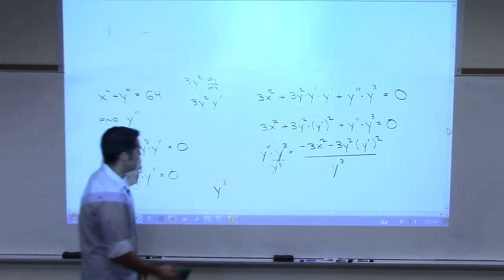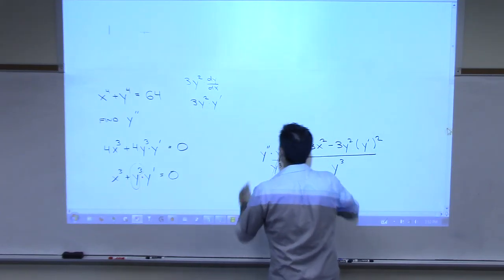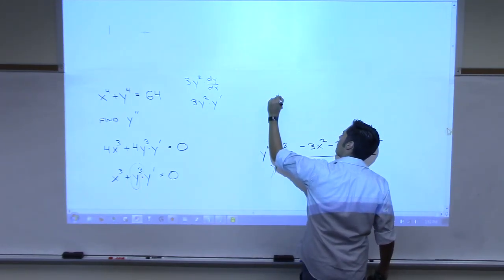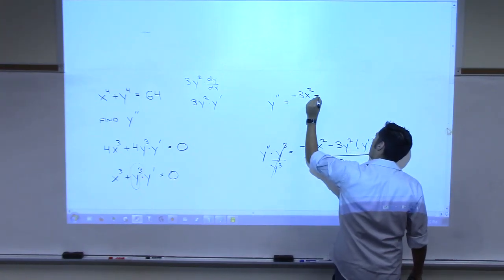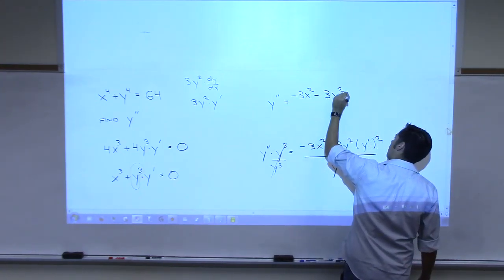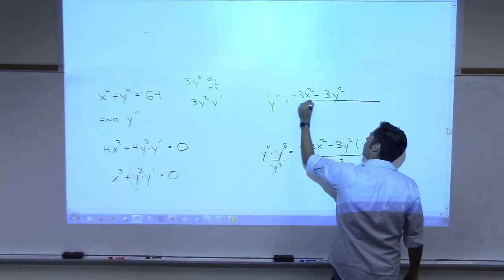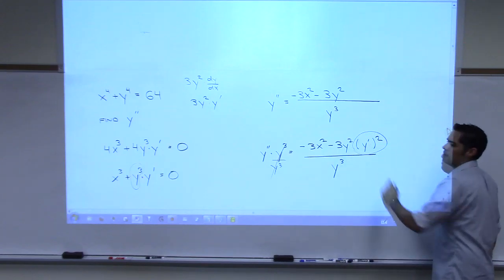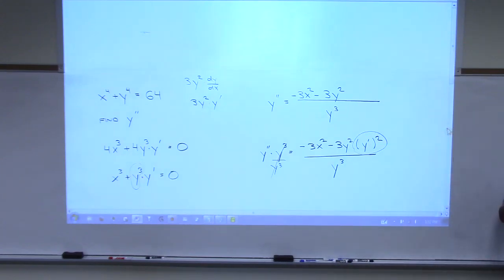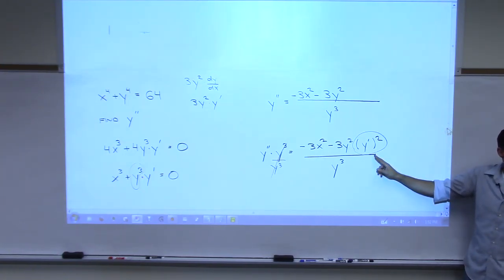Right, where am I going to write this? I guess I'll write it up here. So here's what we've got. y double prime equals negative 3x squared minus 3y squared, over y cubed. I realize that I have that there, okay? But I think I know a little bit of information about y prime, don't I?